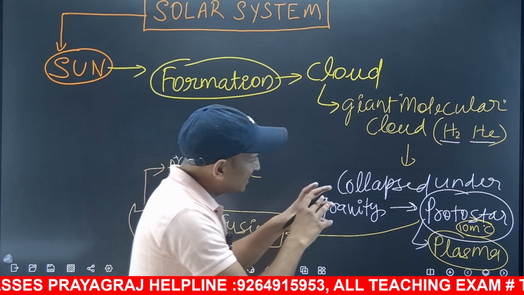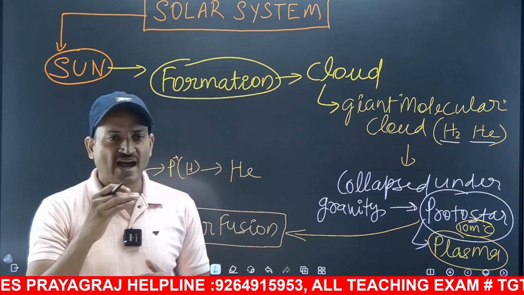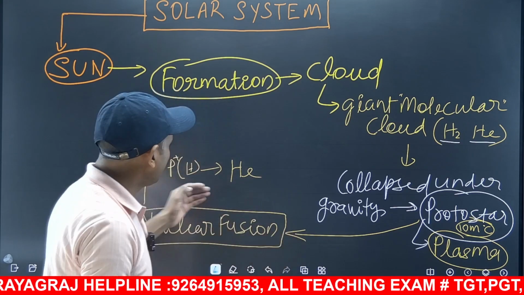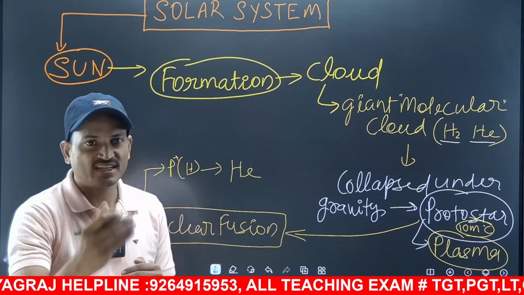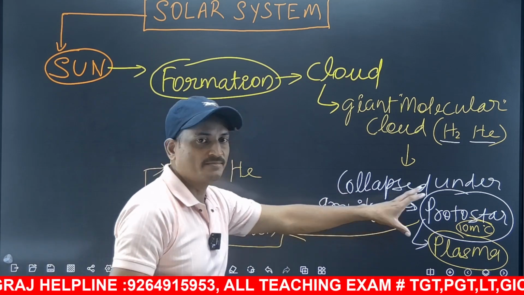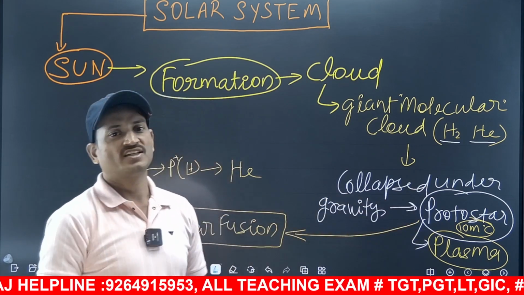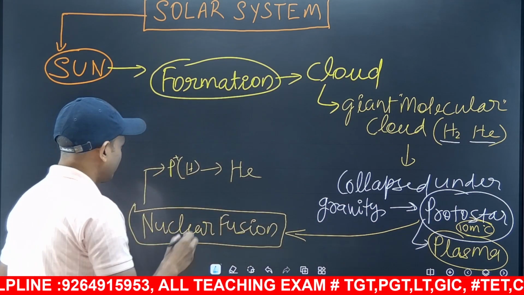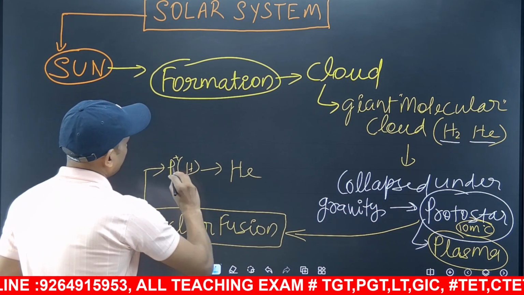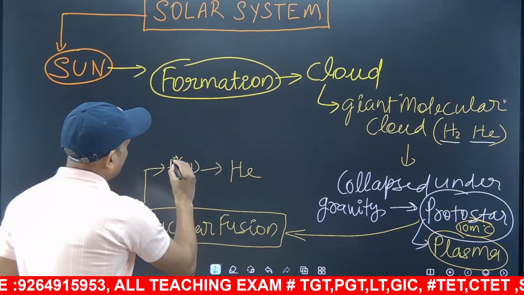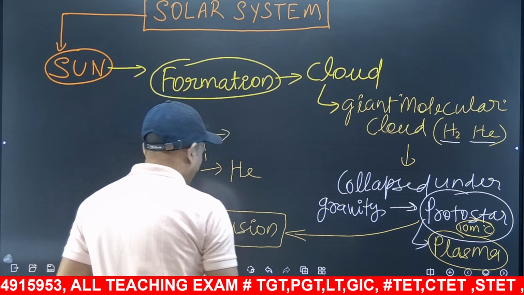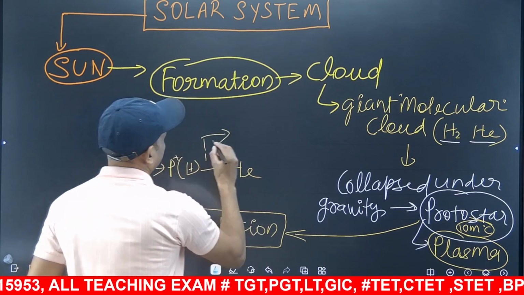So once the nuclear fusion starts, the hydrogen will constantly get reduced, and helium will keep increasing in the particular region, meaning the core region of the protostar, or the core region of the star now, because nuclear fusion has started. So these protons of hydrogen change into helium, and energy is released.